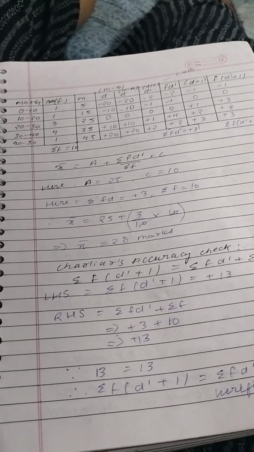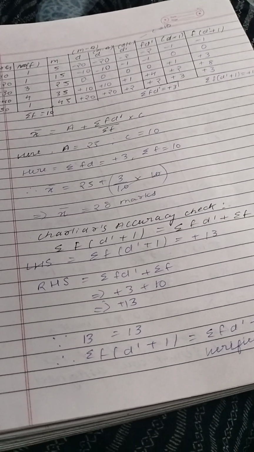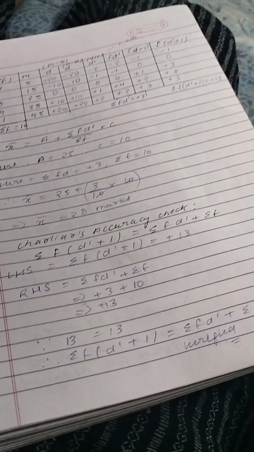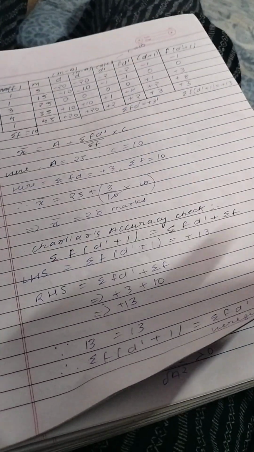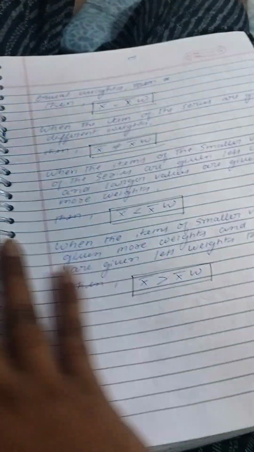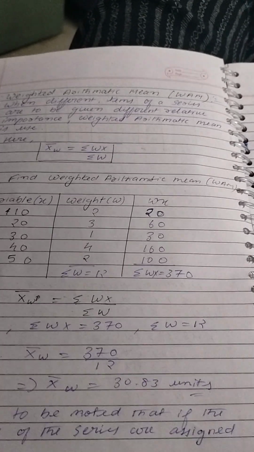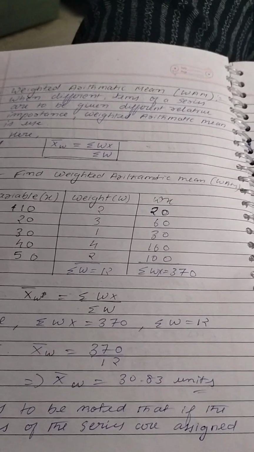Then we have, here the values are there, and you have to check it by the Charlier accuracy test. Then we have the weighted arithmetic mean, where nothing else changes, like in the place of summation f, w is there.